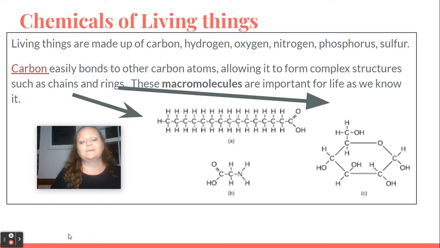And because of that, it comes up with these really super complex structures, either rings, like we see in glucose, or long chains, like we see in fatty acids. But regardless, carbon, as an element, allows us to create these really complex structures. And it really helps us have life on this earth as we know it. Without that, we're not going to see that.